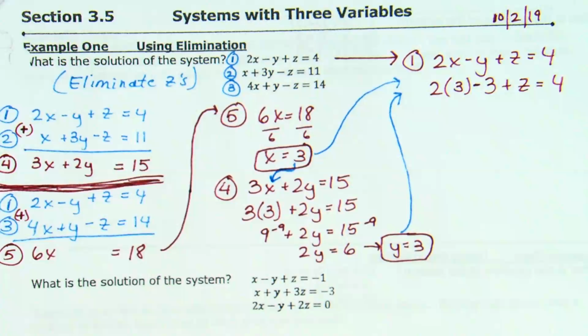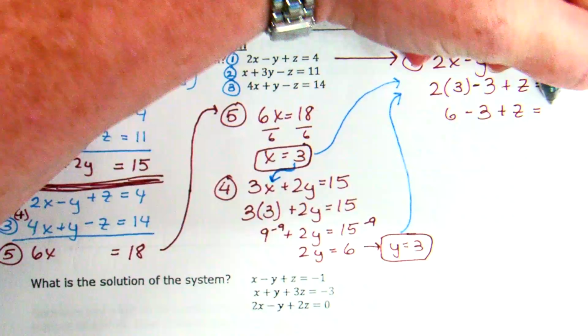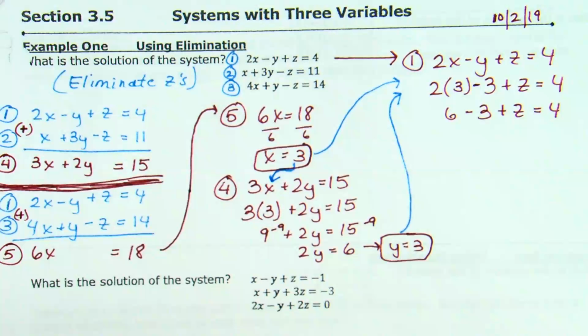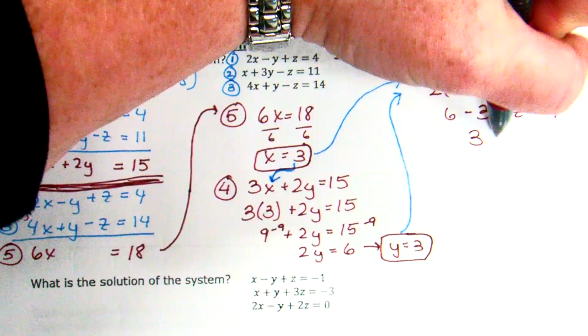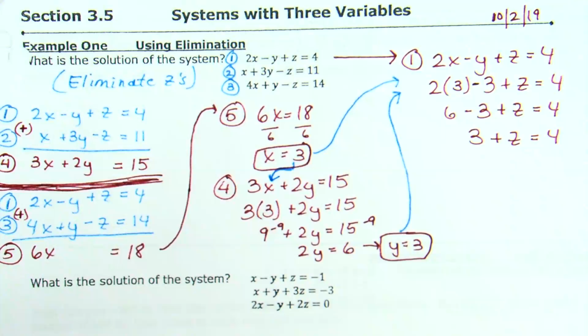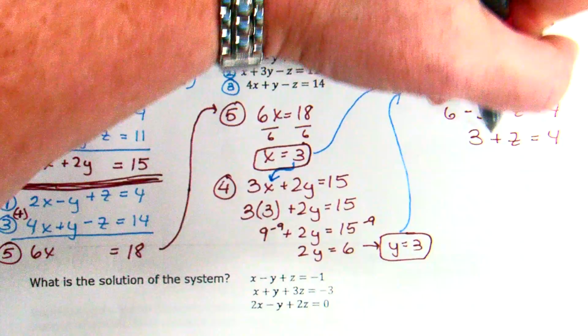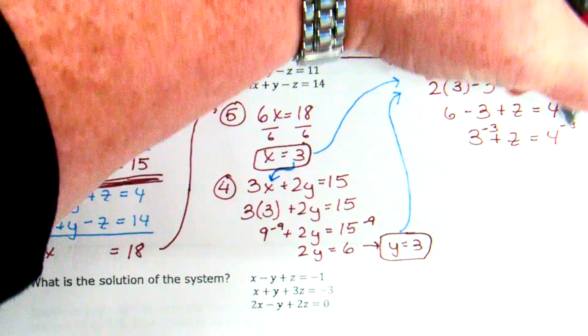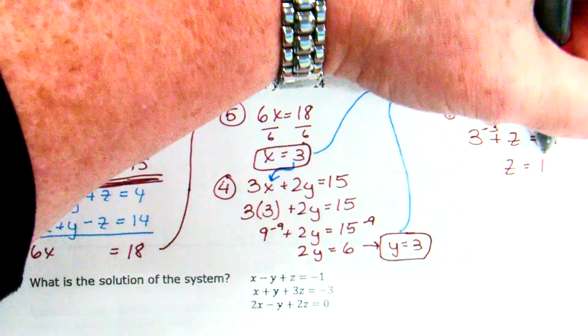2 times 3 is 6. So I have 6 minus 3 plus z equals 4. Like terms. 6 minus 3 is 3. If it's 3 plus z equals 4, it's a positive 3, so I'm going to subtract 3, and z is 1.